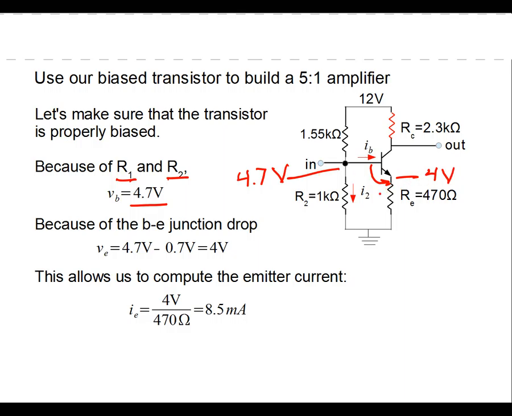We're not adding a signal to it. And since this is about 500 ohms, we know that the emitter current is about 8.5 milliamps. So we know that we have about 8.5 milliamps going through there. So that's what we know so far.